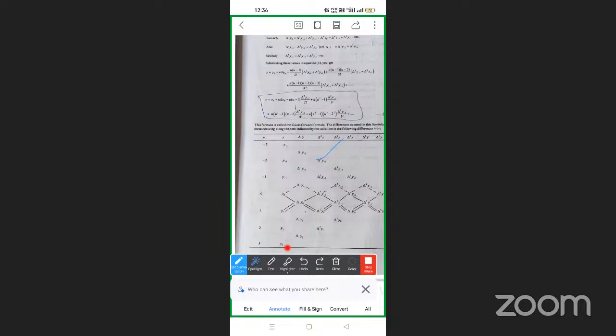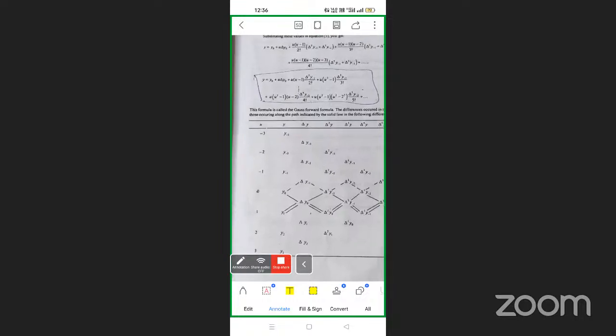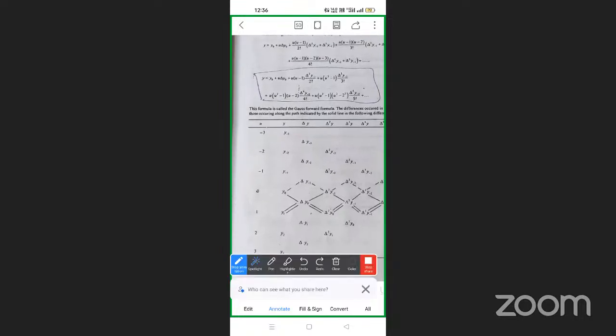So next, here in the central difference formula we are fixing the starting value, that is y minus 3, so y minus 3 is fixed: delta y minus 3, delta square y minus 3, delta cube y minus 3, delta power 4 y minus 3.